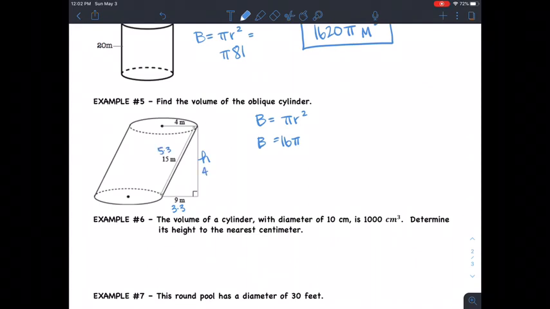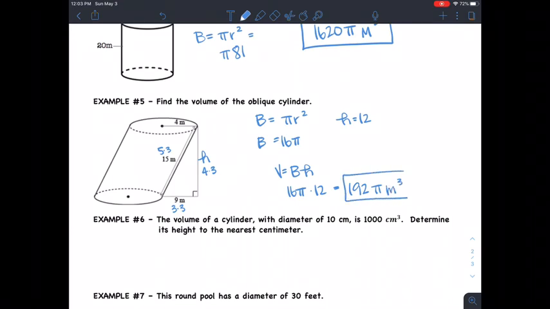So this is our 3, 4, 5 right triangle. You can also use Pythagorean theorem, but if you can recognize those Pythagorean triples, that will help out. So our height is 12. So if our volume is area of the base times the height between the bases, that's going to be 16 pi times 12. And if we leave the pi out of it, 16 times 12 gives me 192, and then bring the pi back in, meters cubed.